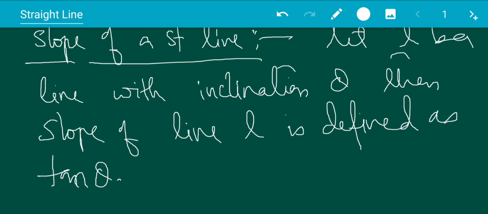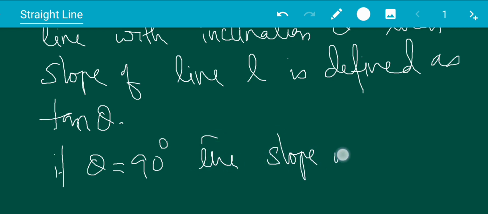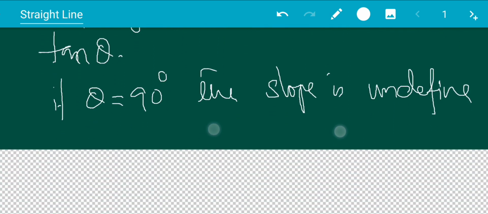Okay, if theta equals 90 degrees, then the slope is undefined, as expected, because tan 90 is undefined.